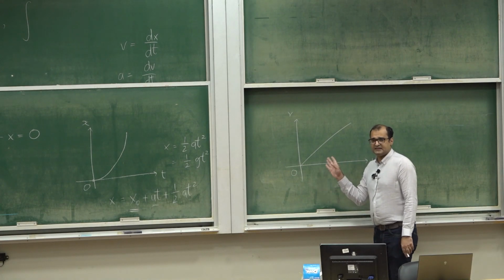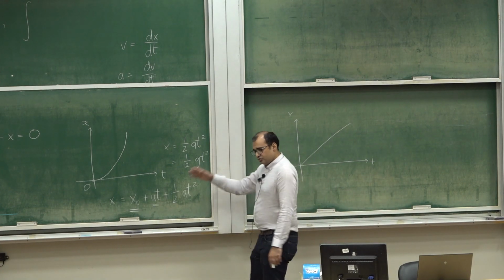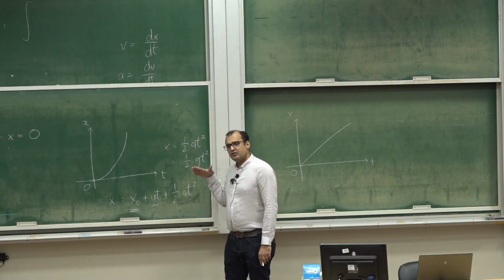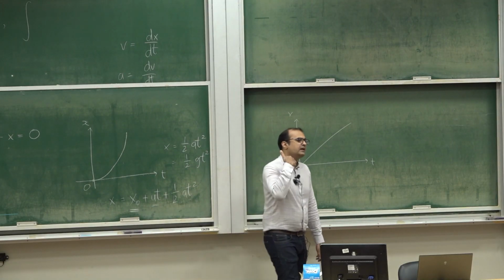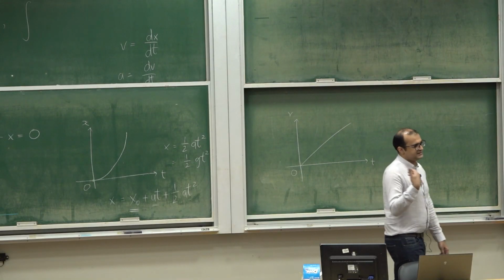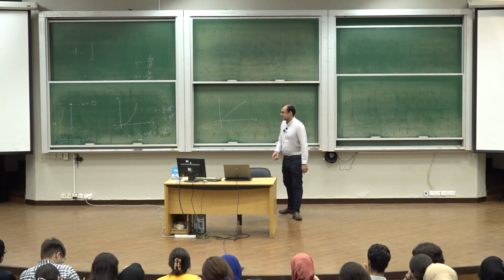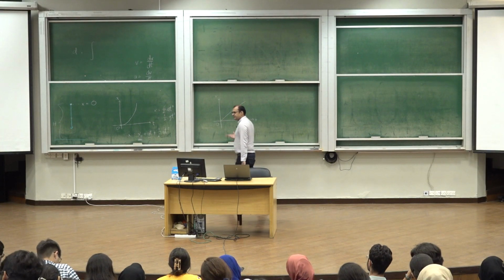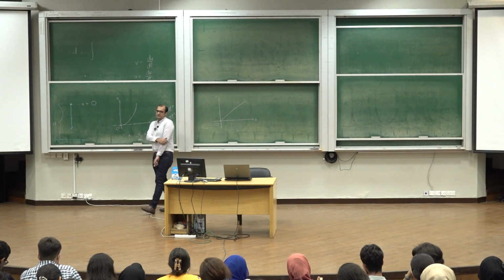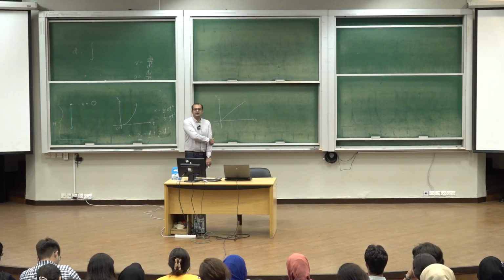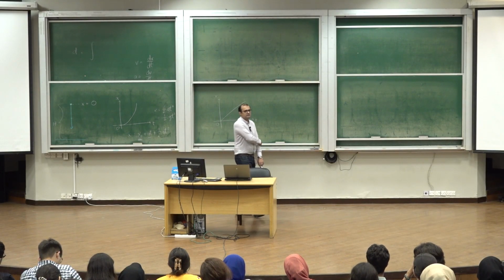You know it should be a straight line because you are looking at the derivative of a quadratic function. Once you take the derivative of a quadratic function, you get a linear function, and that's exactly what you have over here. And of course, going back, how did you get the velocity in the first place? You integrated the acceleration. You integrate the acceleration, you get a linear function for constant acceleration.